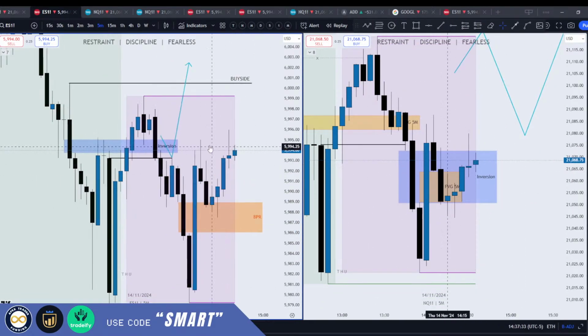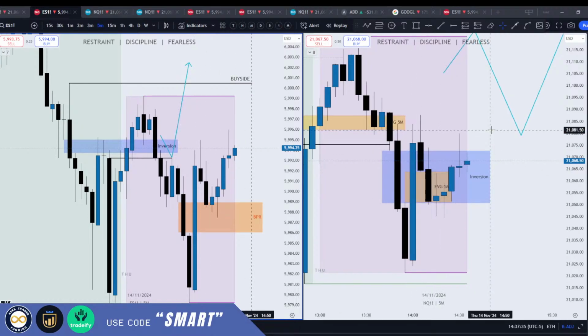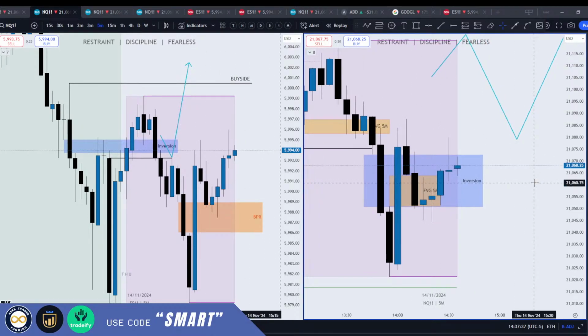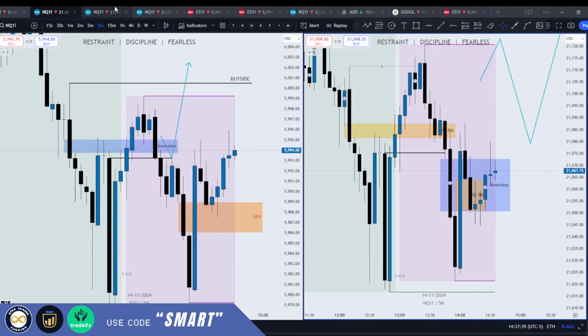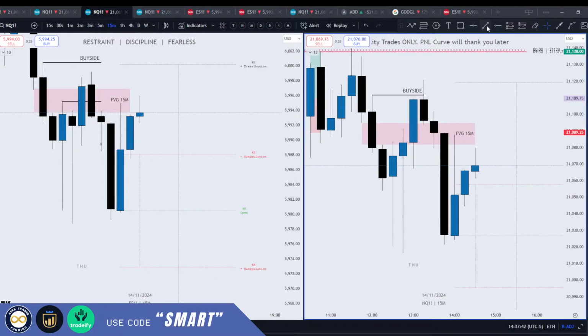So the speed pair is holding. We took out this high. Just seeing where it wants to go next. Just mark the high and the lows, and then we'll go from there.